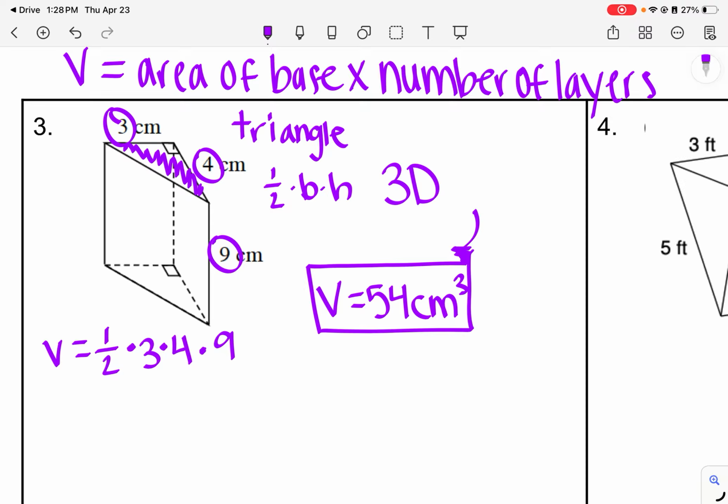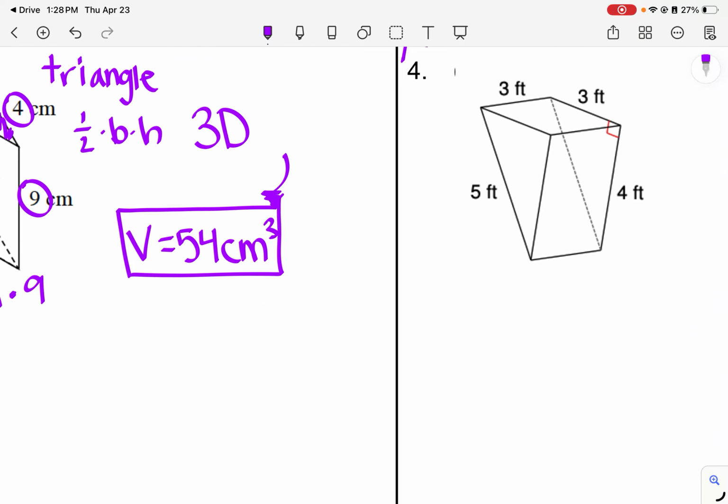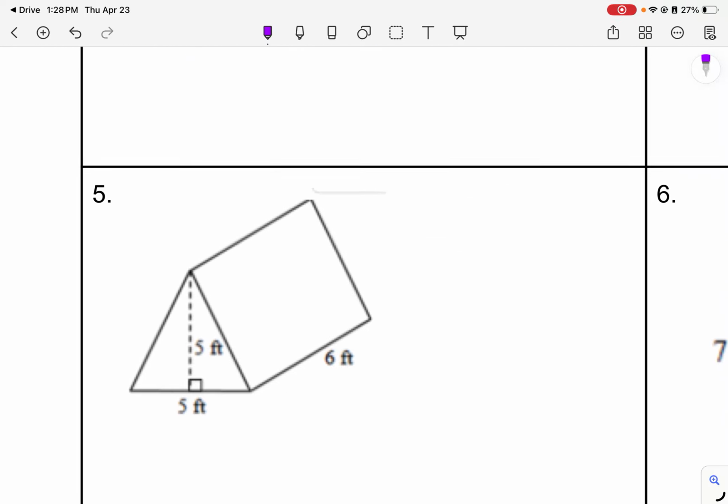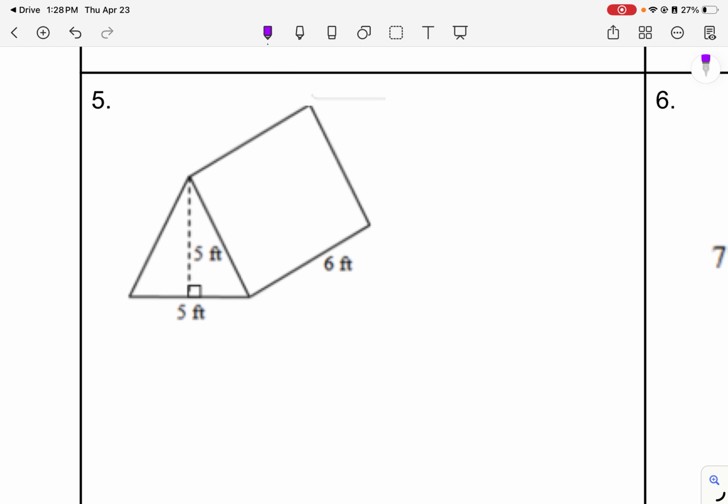All right, so let's go to number 5, and then we'll do some other ones. So you're going to have to do number 4 on your own. We'll go to number 5. So number 5, this is a situation where the base is not on the bottom because I've got this triangle here and then stacking all the way back to a triangle that you don't see back there.